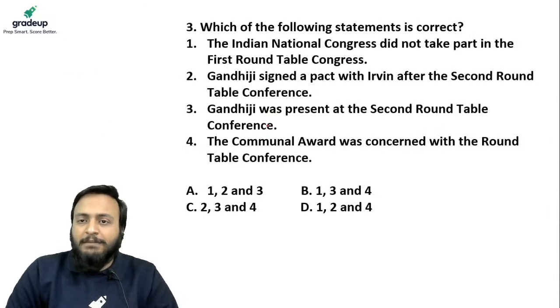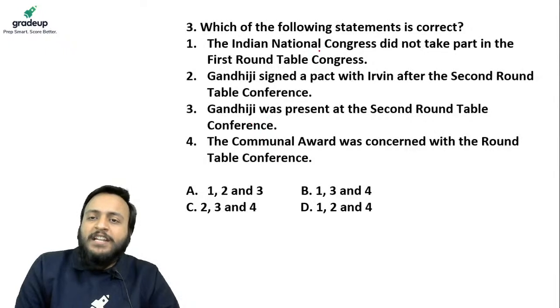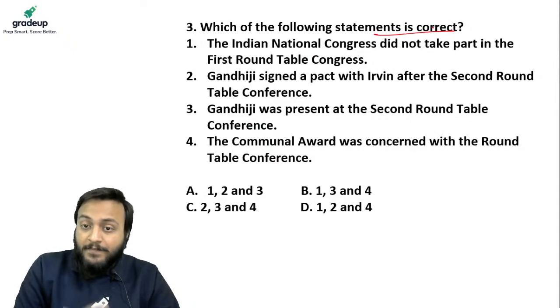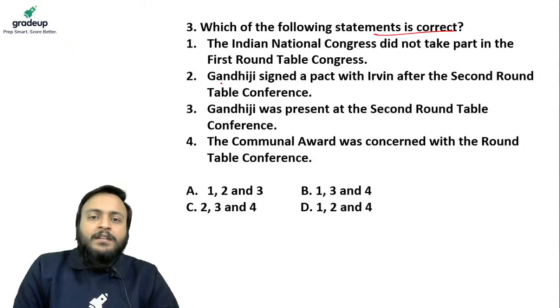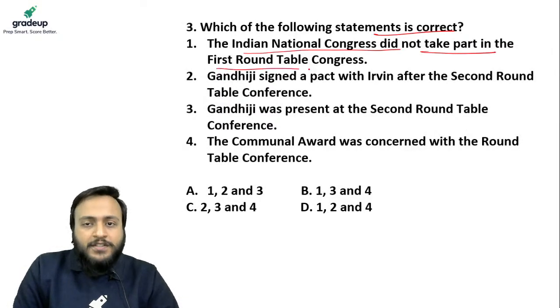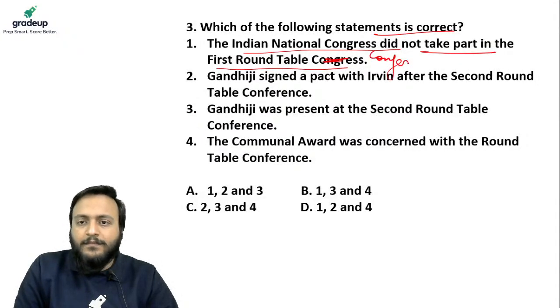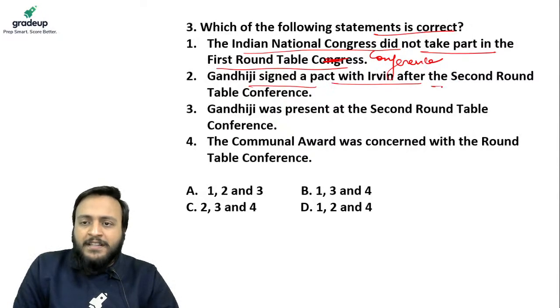Question number 3. Which of the following statements is correct? 1. The Indian National Congress did not take part in the first Round Table Conference. 2. Gandhiji signed a pact with Irwin after the second Round Table Conference. 3.